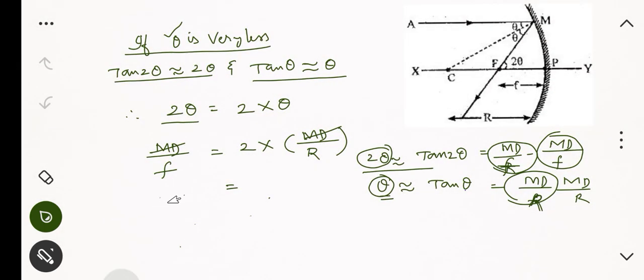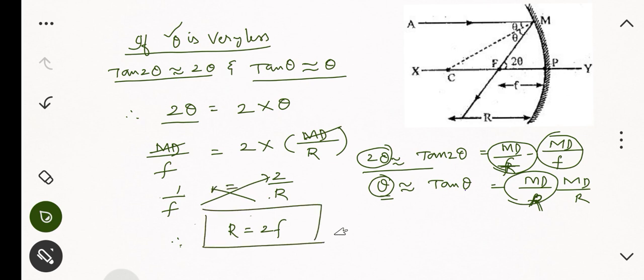So by substituting the correct values, we get 1 by f is equal to 2 by R. Therefore by cross multiplication we get R is equal to 2f. This is the correct expression for the relation between R, the radius of curvature, and f, the focal length.